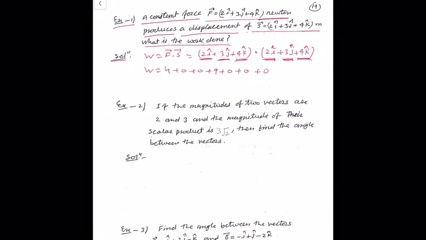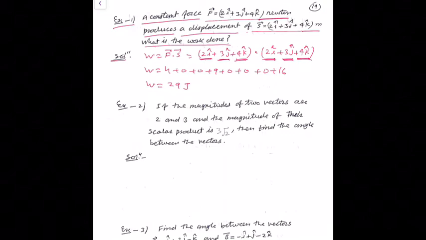Next 4k cap dot 4k cap 16 because k cap dot k cap 1 and 4 4 is 16. So W is equal to 29 joule. It is final answer.